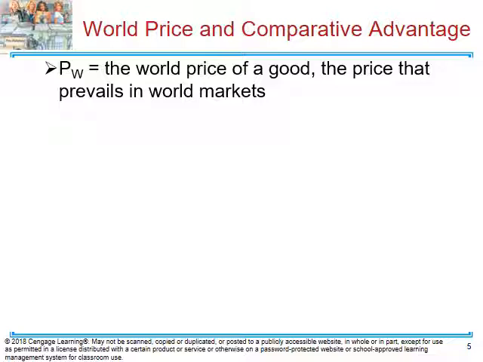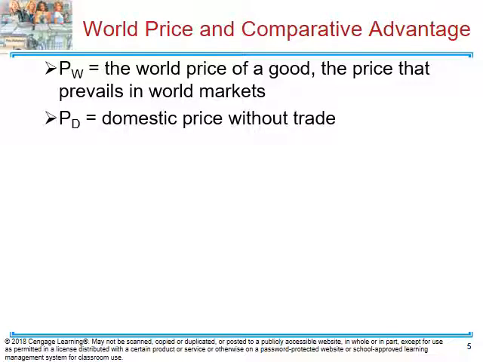That's the world price. PW is the world price, which equals the price of a good that prevails in the world market. And PD is the domestic price without trade.